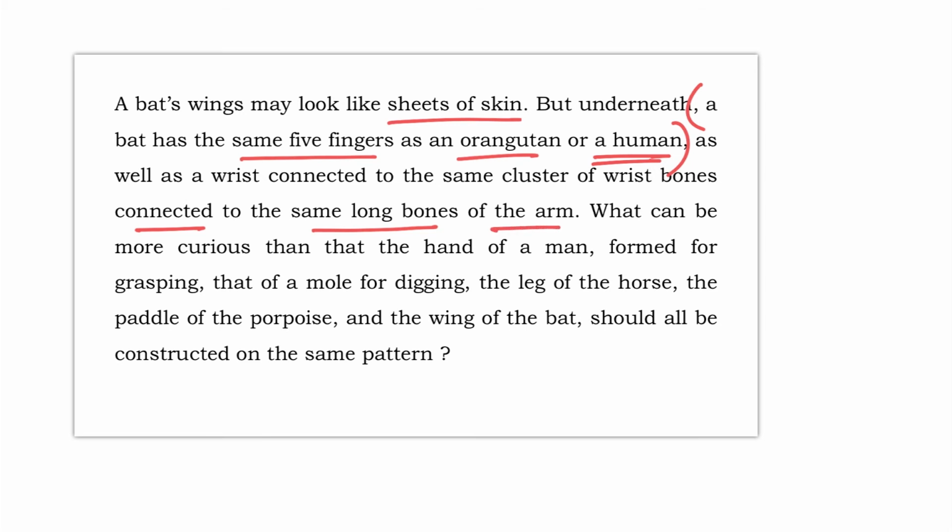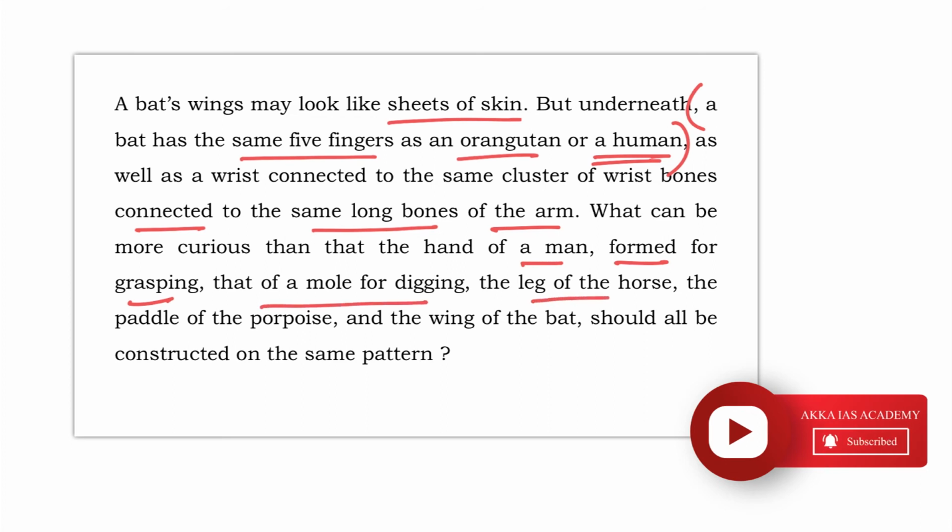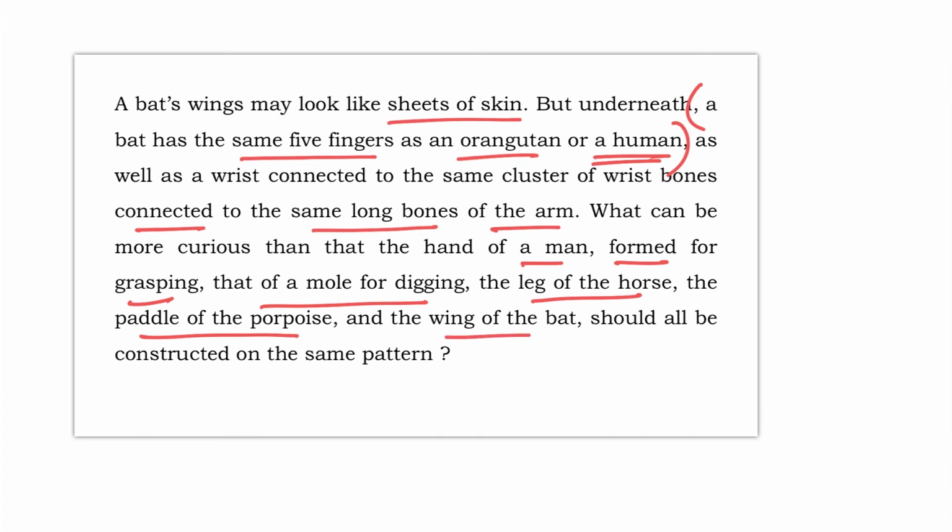What can be more curious than that the hand of a man formed for grasping, that of a mole for digging, the leg of the horse, the paddle of the porpoise, and the wing of the bat should all be constructed on the same pattern? They are all constructed on the same pattern here.